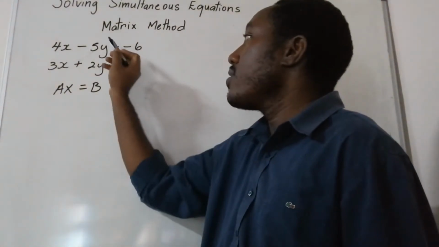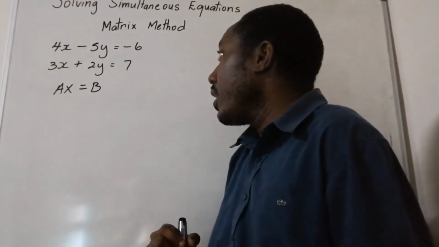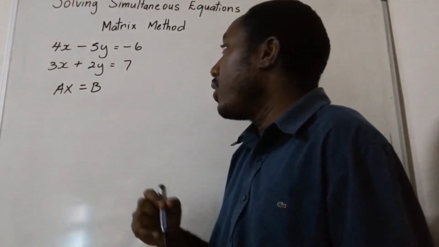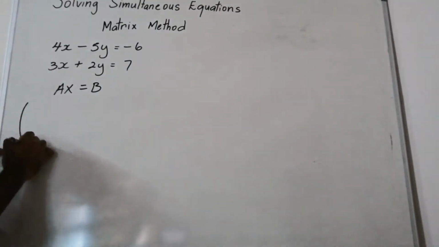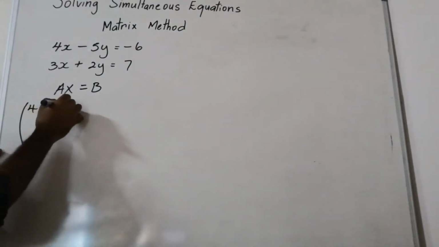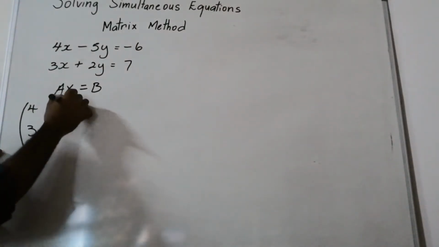A represents the coefficients of our x and y variables, so we write it as a 2 by 2 matrix. So A will be 4, minus 5, 3, and 2.